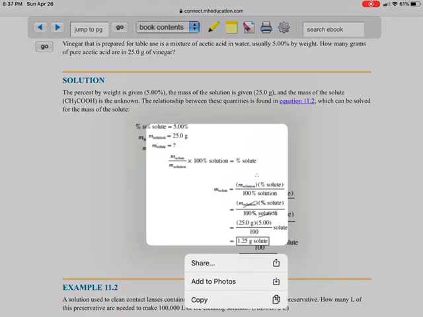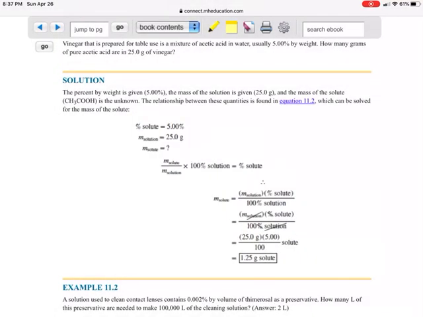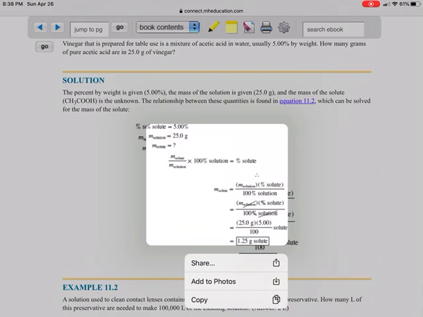And so this is one of the equations, this M solute. I tried to click on it. I don't want to copy it. There we go. M solute divided by M solution times 100% is equal to the percent solute. So if you solve for this M solute up at the top left here, you have to do a little bit of algebra.